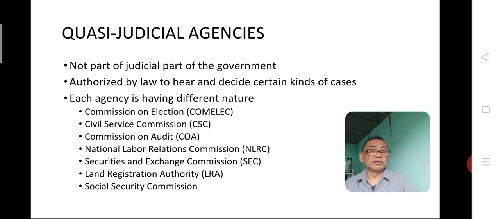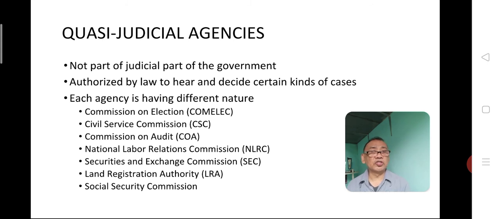Authorized by the law to hear and decide certain kinds of cases para mapabilis ang mga cases. Halimbawa sa transportation, etc. Now, these are the agencies, they have a different nature. Okay, like the Commission on Elections. Sa COMELEC pa lang, they can decide, hindi na darating pa doon sa Supreme Court, kung sino yung dapat ilagay o nominee o elect ng mga tao, o kung sino yung dapat nilang i-declare.